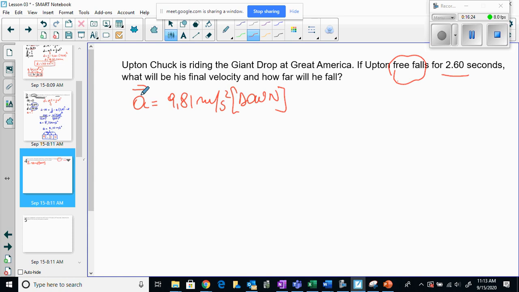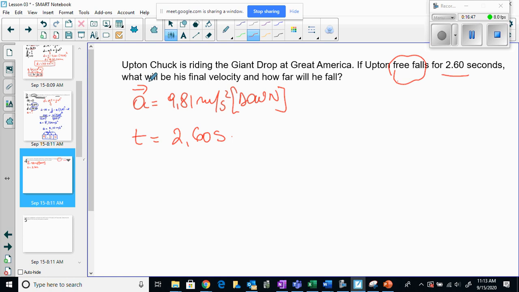So then, what we are saying here, well, the final velocity is not equal to 0, Andre, because we are looking for the final velocity. And when we are dropping, we will talk about this. So time is 2.60 seconds.